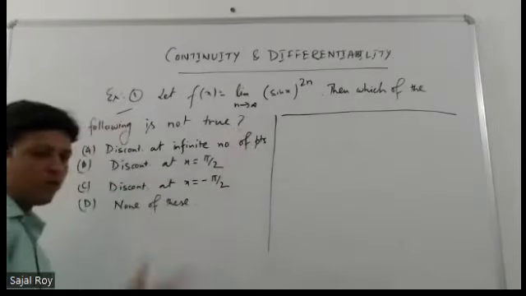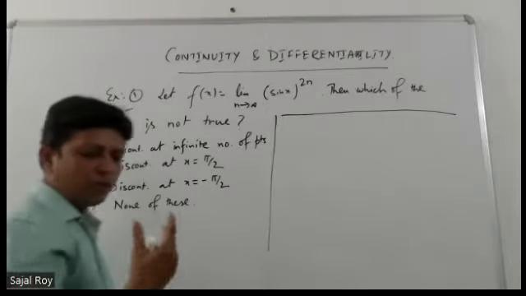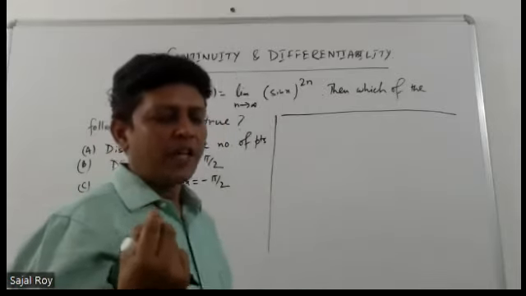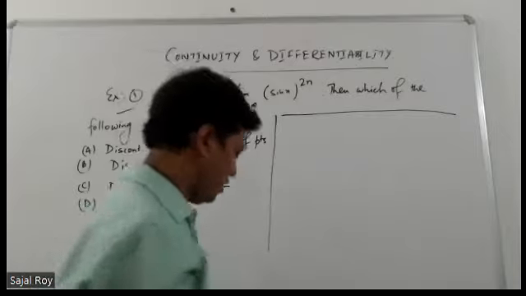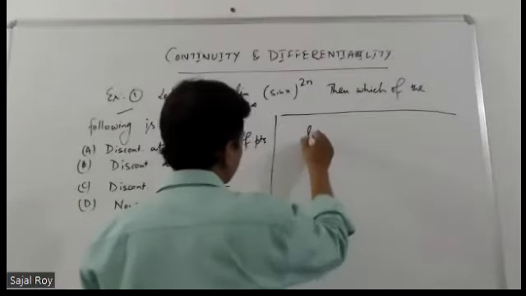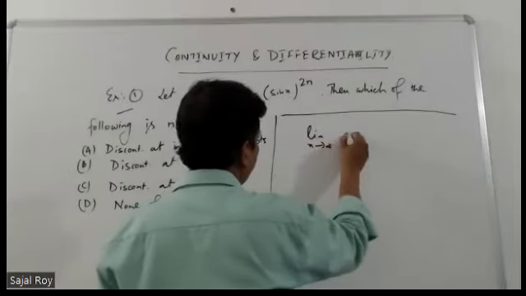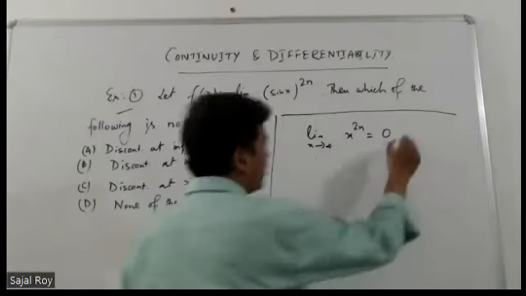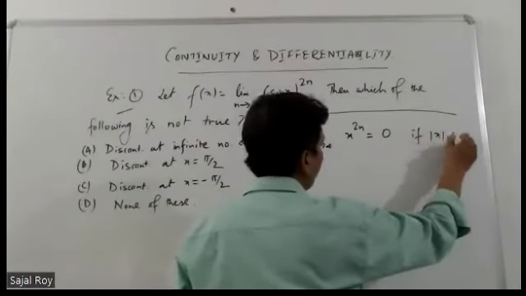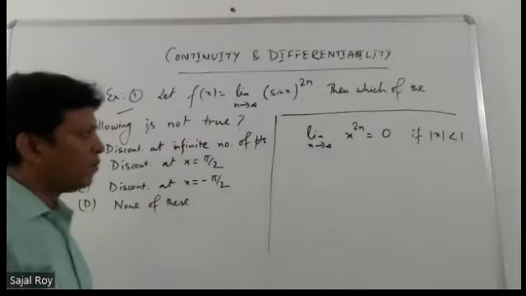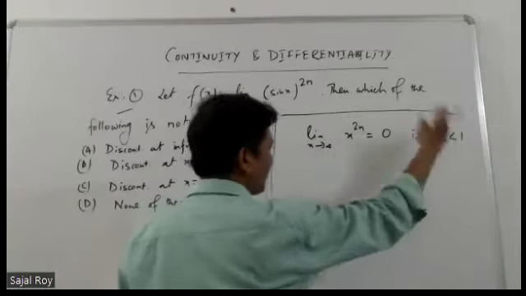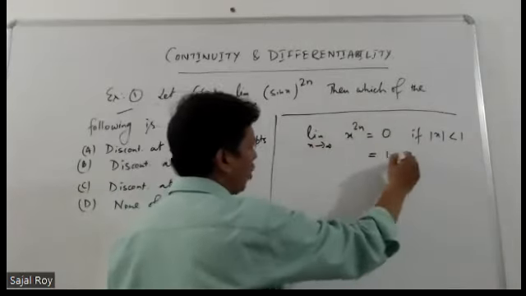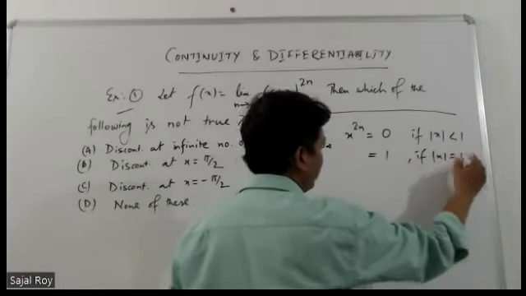Whenever there is n goes to infinity, you have to remember one very important theoretical fact: limit n goes to infinity of x to the power 2n equals 0 if mod x is less than 1. That means if x lies between -1 and 1, then the limit is 0. And this is going to be 1 if mod x equals 1.